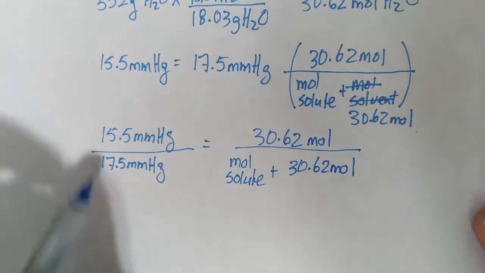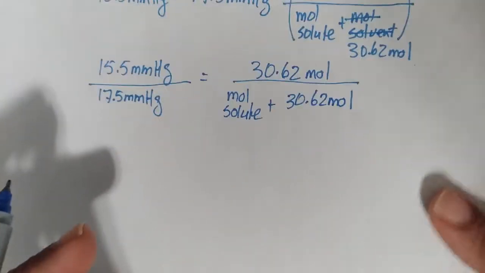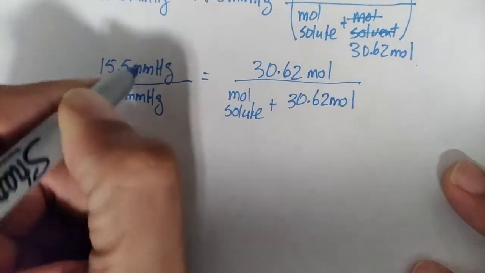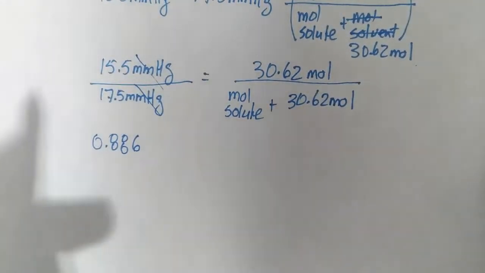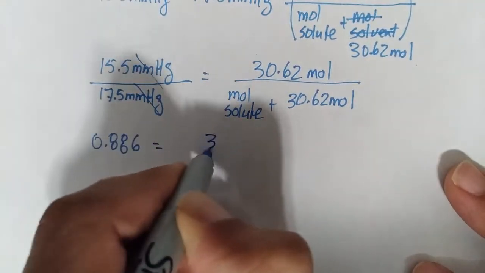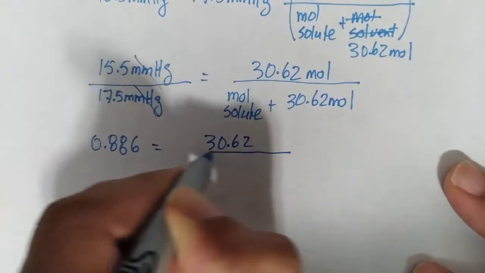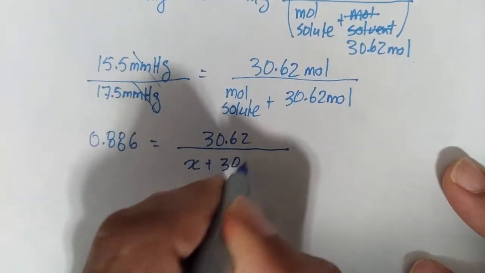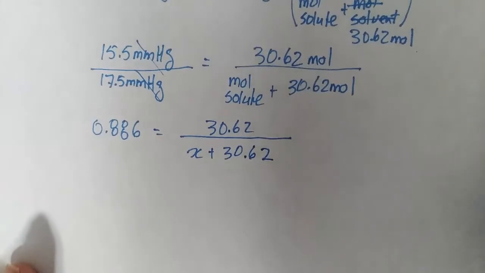On my calculator, this fraction is about 0.886. It's unitless, the units cancel. That equals 30.62 divided by x plus 30.62, so really the problem is how to solve for x.